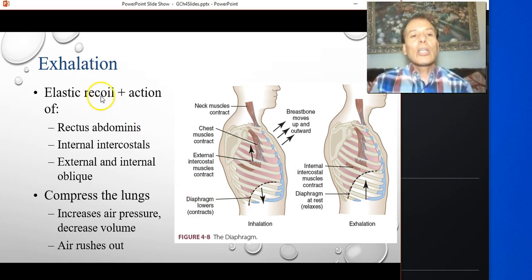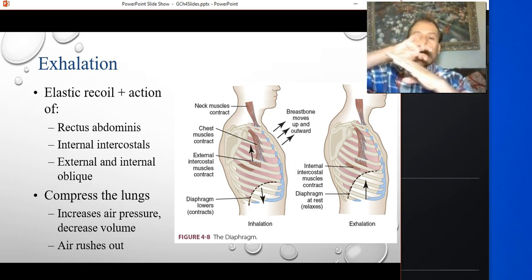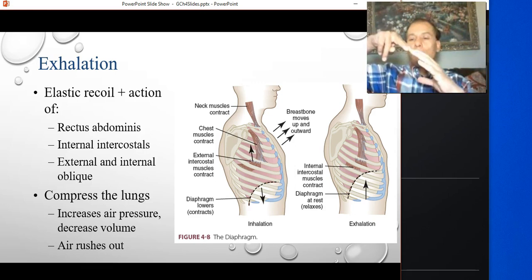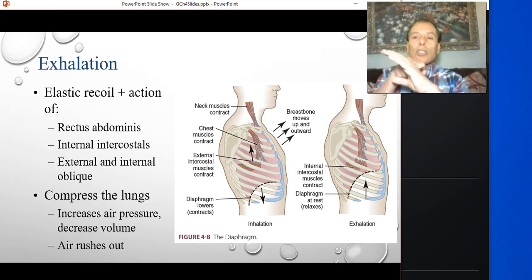So in exhalation, there are passive forces that make exhalation easier. For example, you can think about inhalation as bringing a big boulder, rolling it up a hill, and putting it on top of the hill. You put effort as you push and bring it up.